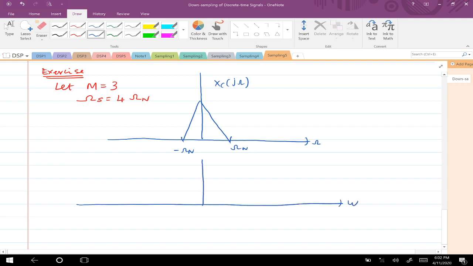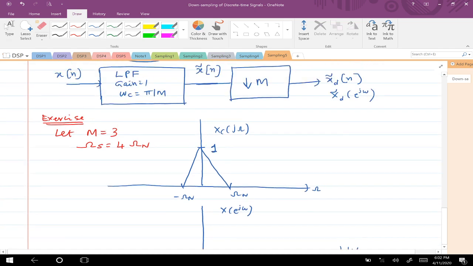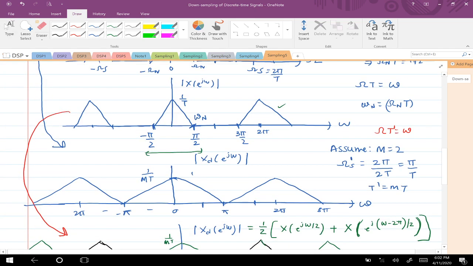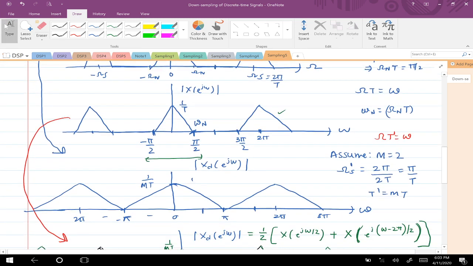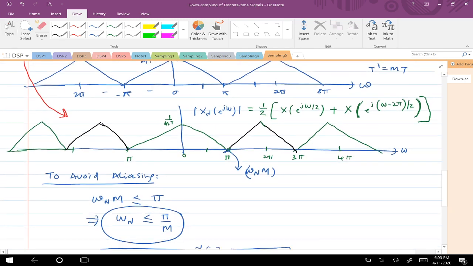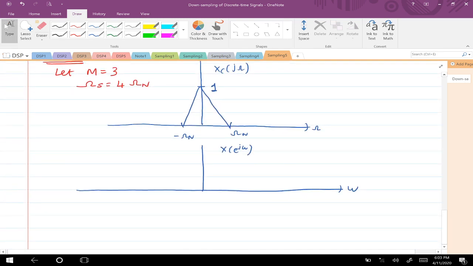Did we already do this? Yes, that would remain the same. X of e power j omega, by the way this magnitude is 1. We did x of e power j omega here, correct? For these values x of e power j omega extends from minus pi by 2 to pi by 2, and you keep placing copies at intervals of 2 pi.